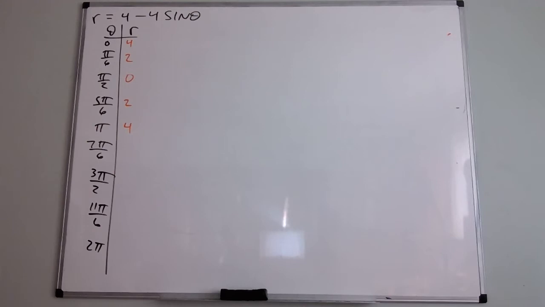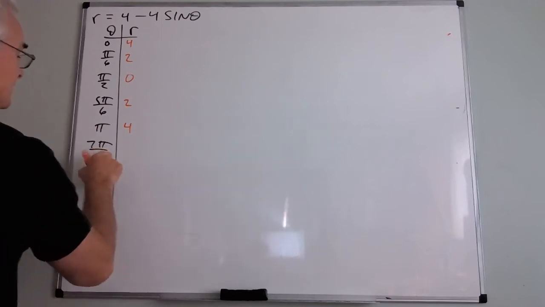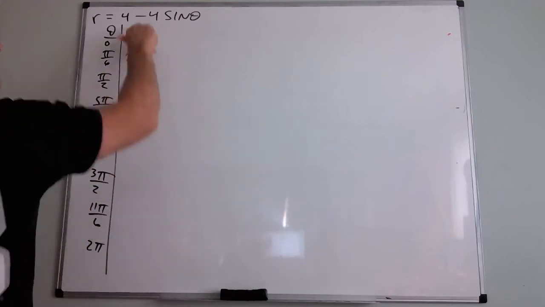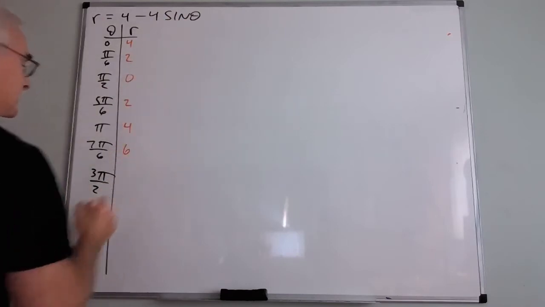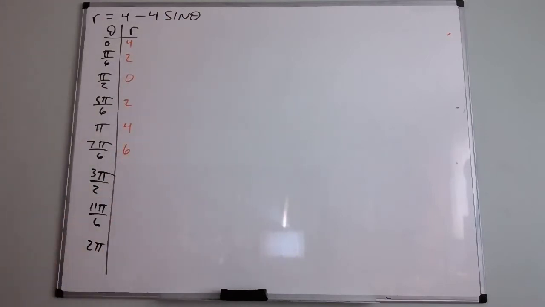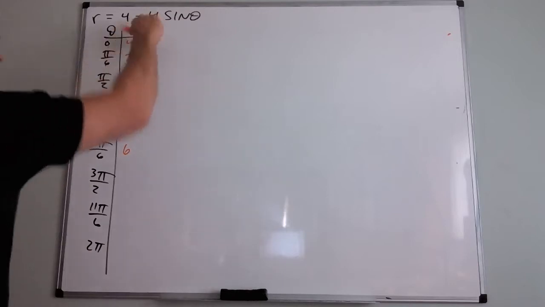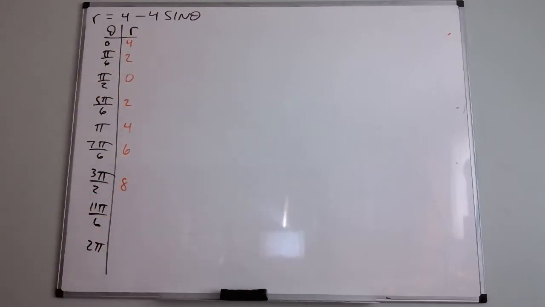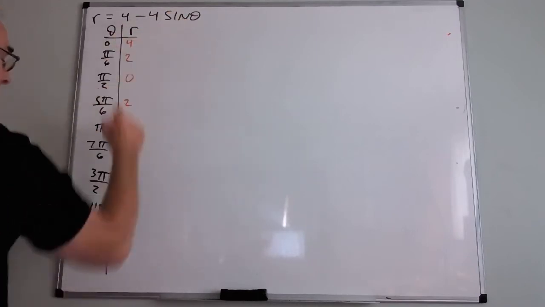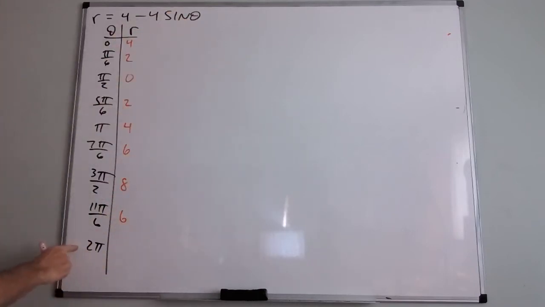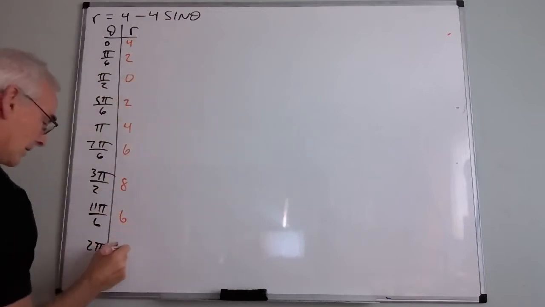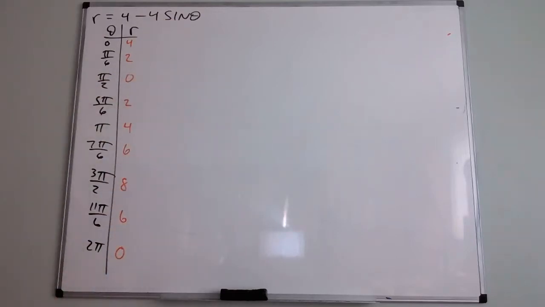With me so far? 7 pi over 6, the sine of that is negative a half. Ooh, that puts us up to 6. Sine of 3 pi over 2, that's negative 1. That puts us up to 8. Okay, 11 pi over 6, sine would be negative a half. That puts us back to 6. 2 pi, the sine of that is 0. So you can see my judicious choice here.